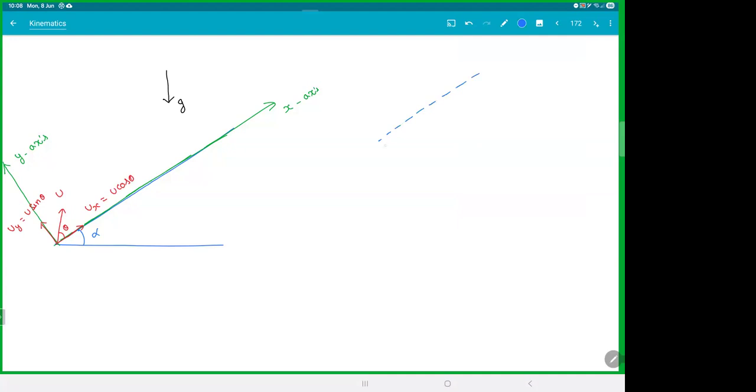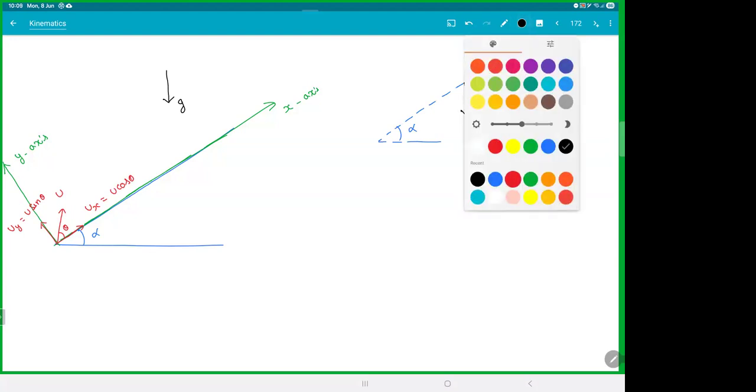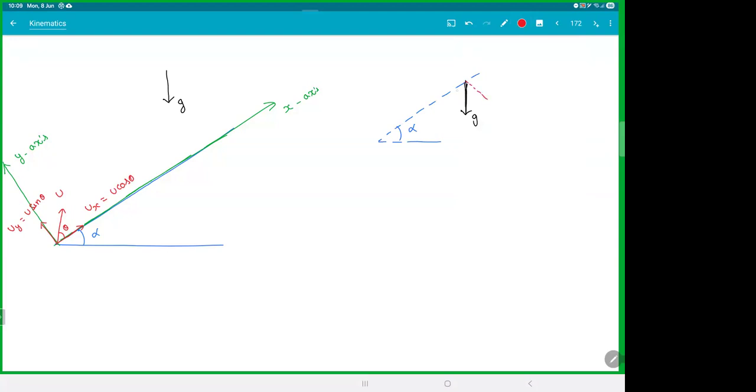Look at this. A little geometry here. So this is alpha. This was your gravity g. If this is alpha, this angle will also be alpha because this is 90 minus alpha. So this component will be g sin alpha and g cos alpha.